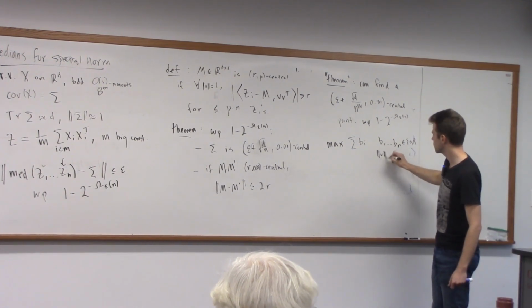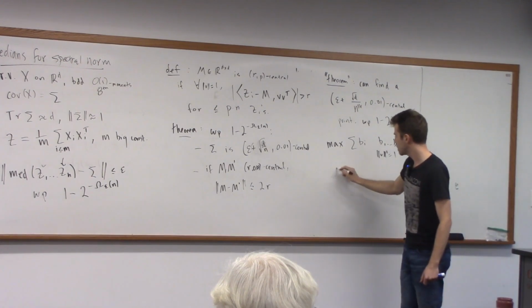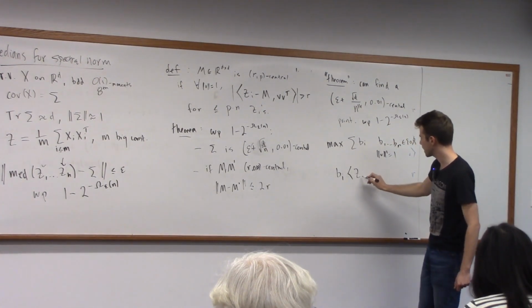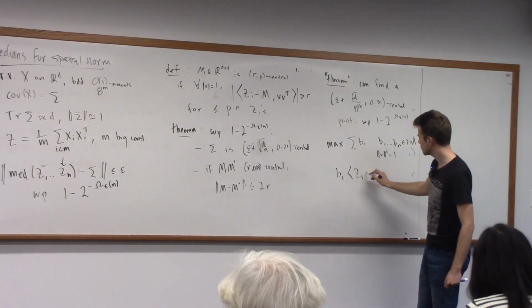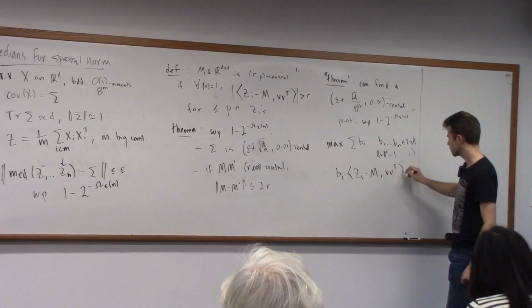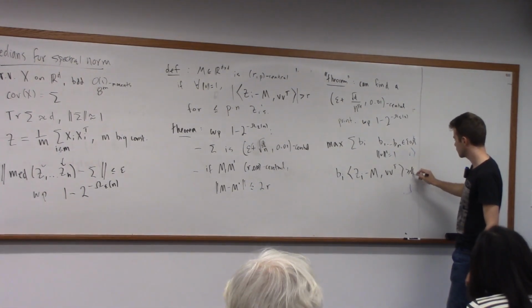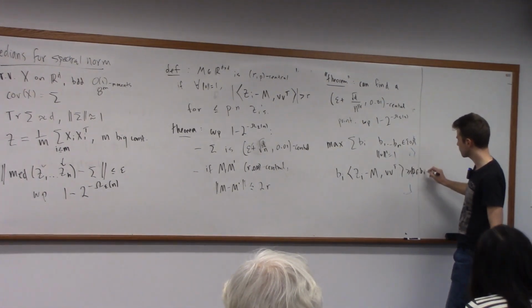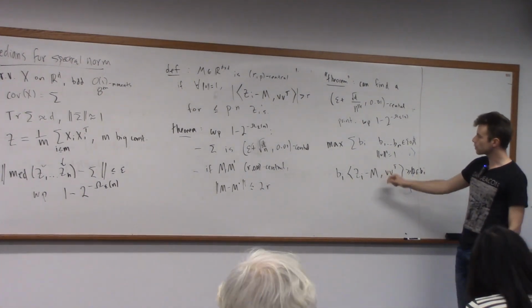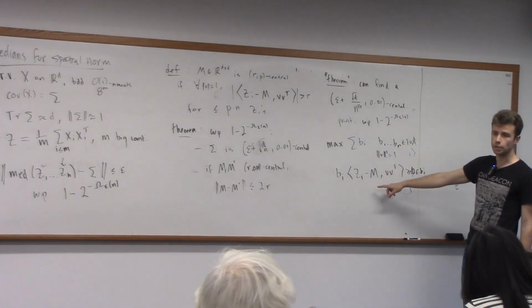V is a unit direction. And now I write this constraint, which is not quadratic. bi times zi minus my current guess m at VV transpose is bigger than, say, 10 times r times bi. Okay? So this is a degree 3 polynomial optimization problem.